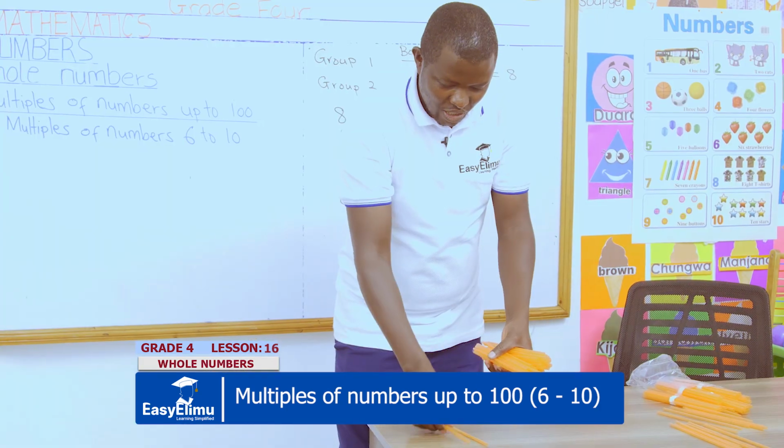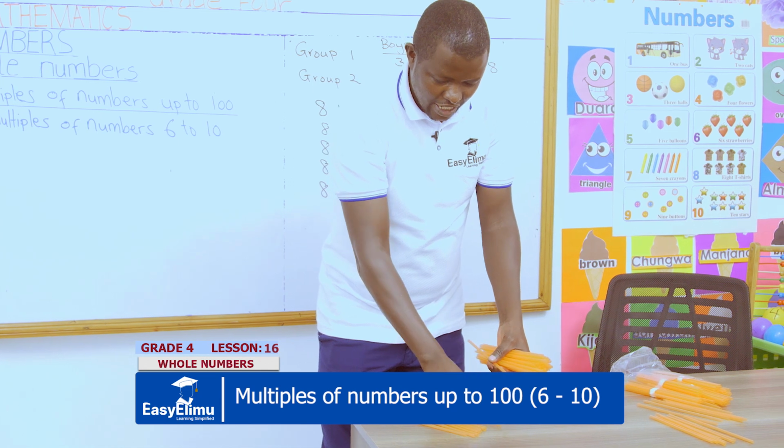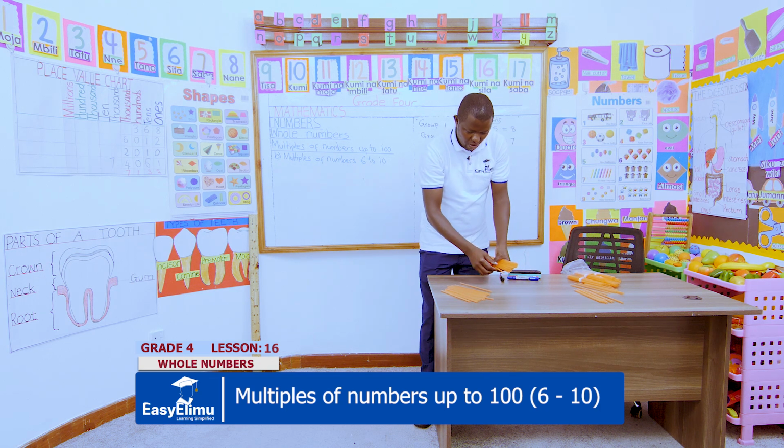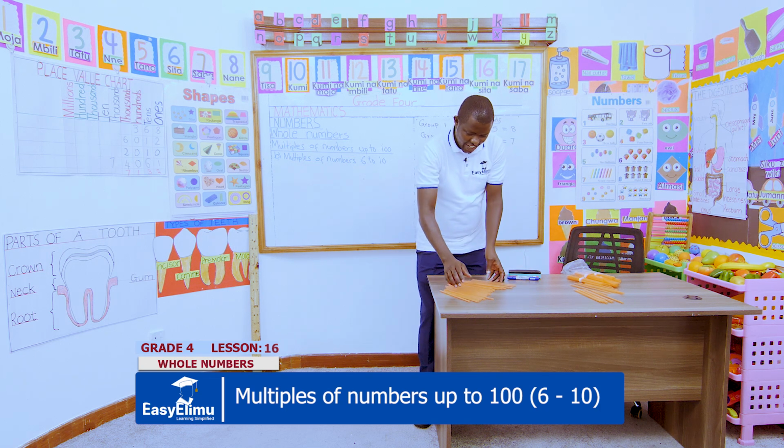We have 1, 2, 3, 4, 5, 6, 7, 8, 9, 10, 11, 12, 13, 14, 15, 16, 17, 18, 19, 20, 21, 22, 23, 24, 25, 26, 27, 28, 29, 30, 31, 32, 33, 34, 35, 36, 37, 38, 39, 40, 41, 42, 43, 44, 45, 46, 47, 48.